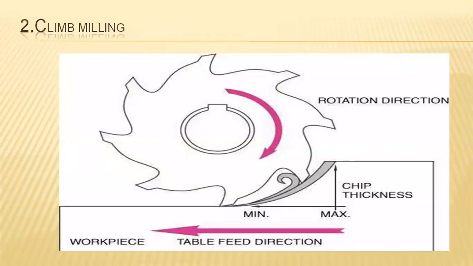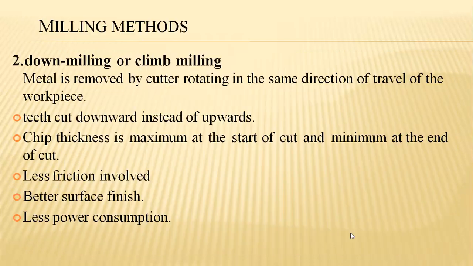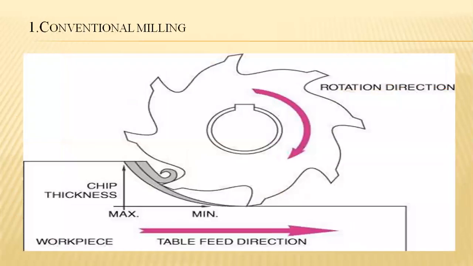This is the climbing method. In the previous diagram, conventional mode, the cutter is rotating in the clockwise direction, and the work part enters towards the opposite side of the rotation of this wheel.